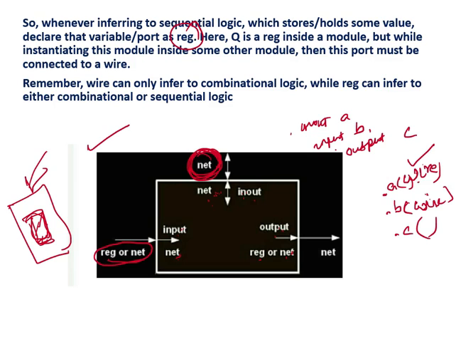Okay, either wire type or reg type. And if it is output, C is the output, so for the output the instantiation has to be always net type. Net means it is a wire type. It is very, very important. Okay, let me give you an example.